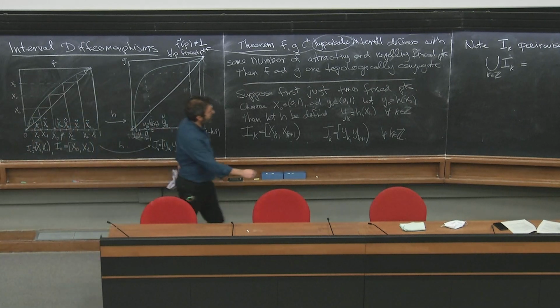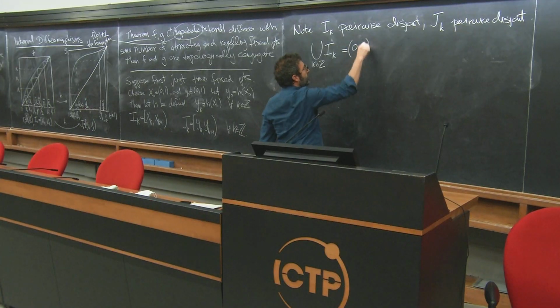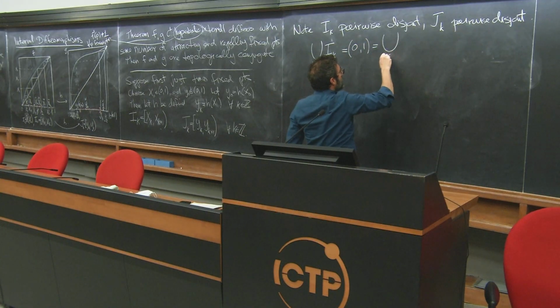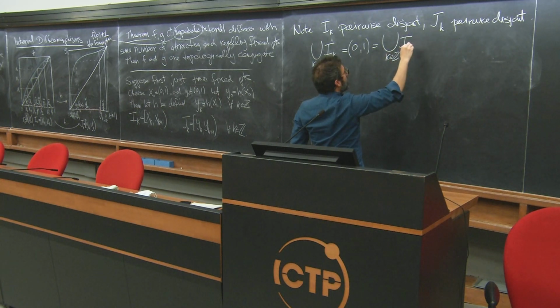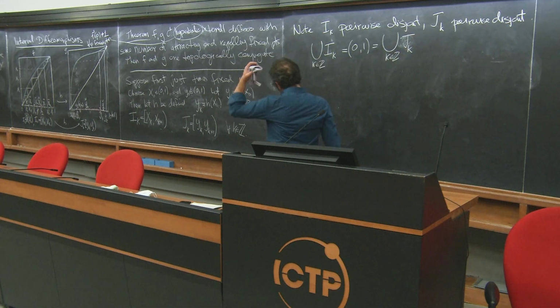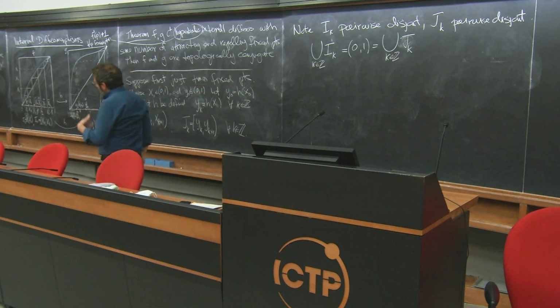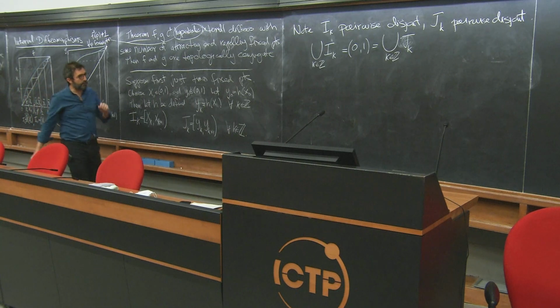And the same for the Jk's. This is equal to the open interval 0, 1. So this forms a partition of 0, 1.